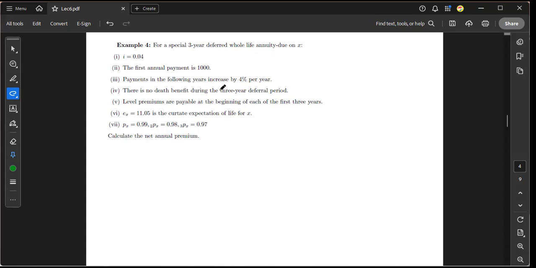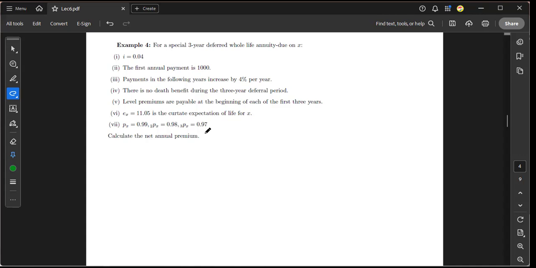That means after the first 3 years, we have a payment starting from 1,000 and it increases till the occurrence of death. And there's no death benefit during the first 3 years, but the level premiums are payable at the beginning of the first 3 years. So that means we will pay 3 installments or premiums for this payment scheme.